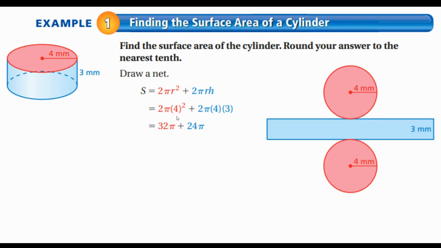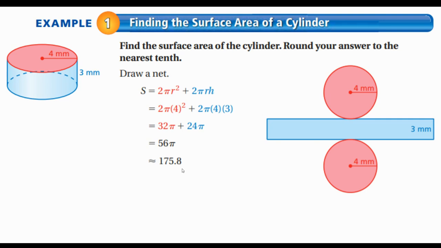So 2 times 4 times 3 gives us the 24 there. So 32 times pi plus 24 times pi, and for pi we use 3.14, so you'd substitute each of those, and that would give us approximately 175.8 for our surface area here.